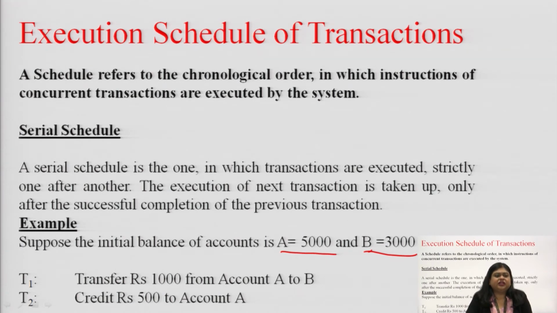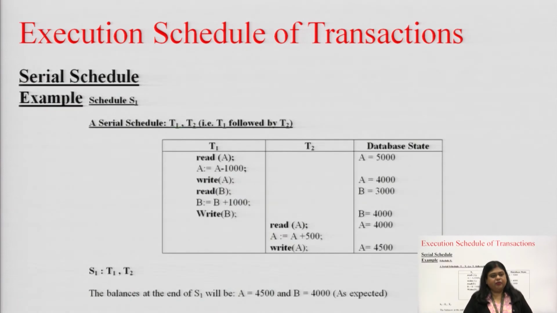T1 needs to transfer 1,000 rupees from account A to account B, and T2 needs to credit 500 rupees to account A. That means, at the end of the transaction, the money in account A should be 4,500 and the value in account B should be 4,000, right. Now, let us see how it is done. First, we will take example of serial execution where T1 is getting executed before T2, and after this we will see how it happens when T2 is getting executed before T1.